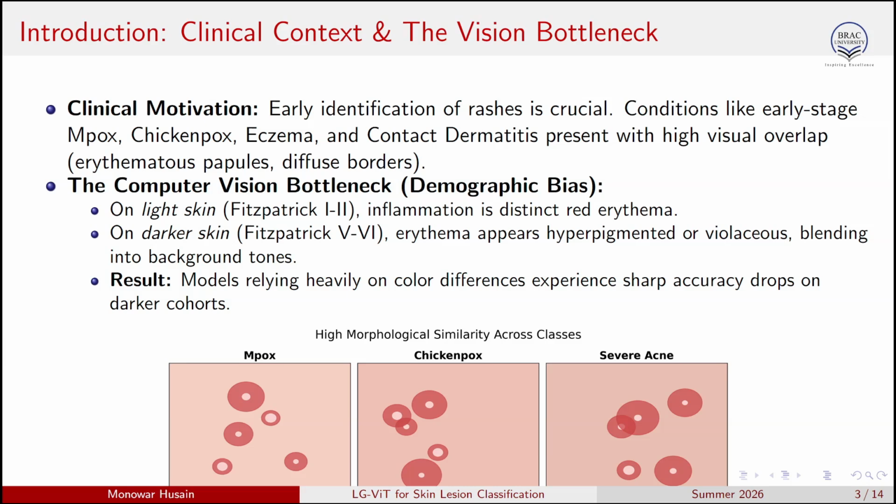On lighter skin, inflammation presents as distinct red erythema with high contrast, but on darker skin such as Fitzpatrick types V and VI, erythematous lesions appear hyperpigmented or violaceous, blending into the background. Consequently, models relying on color suffer sharp accuracy drops on darker cohorts.